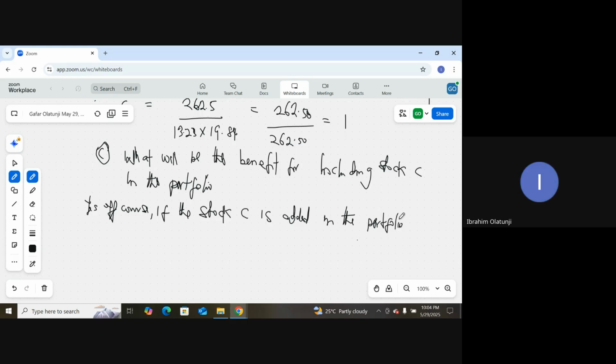Yes, of course, if the stock C is added in the portfolio, due to the fact that stock C is not perfectly correlated.